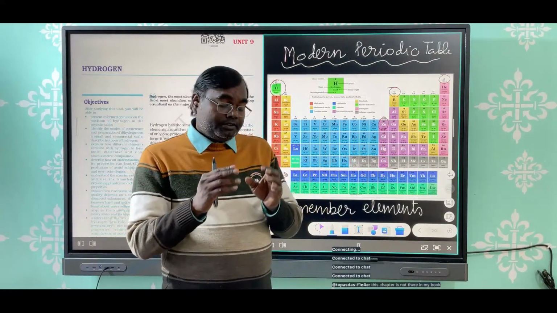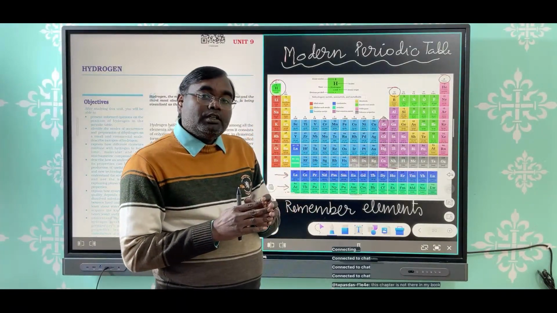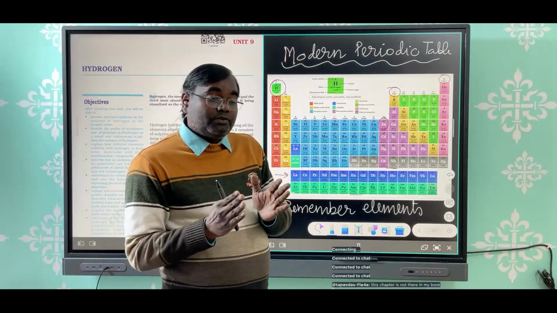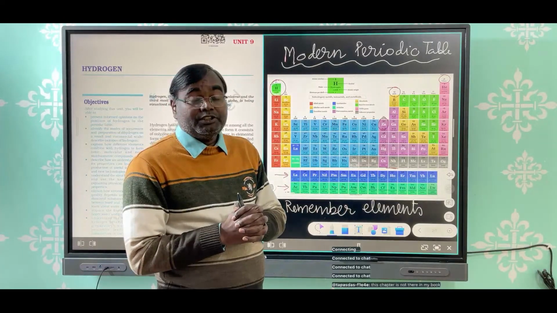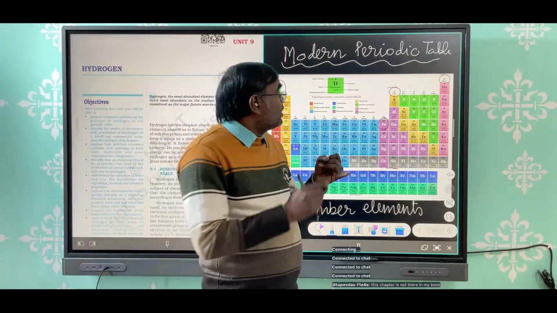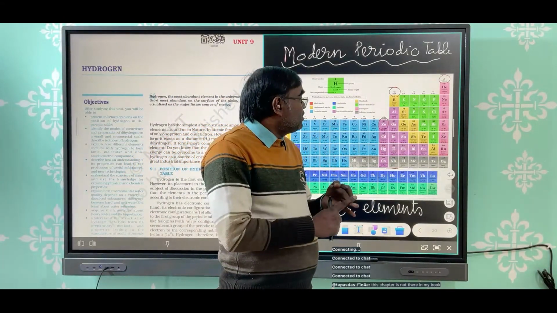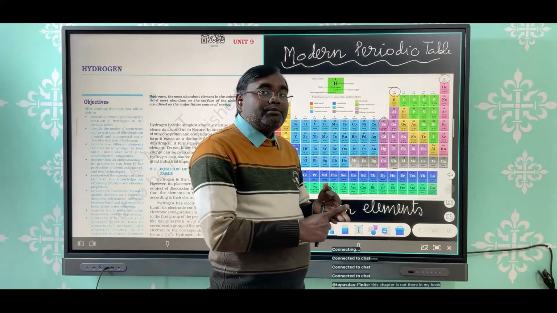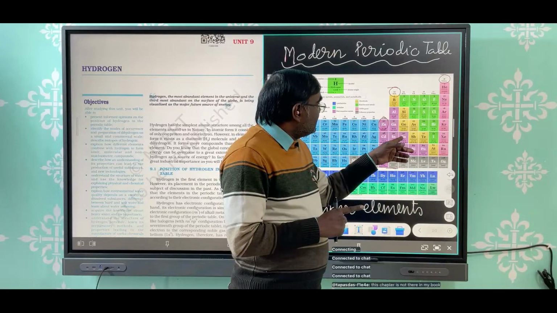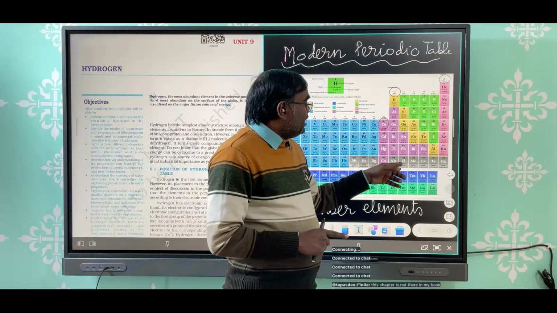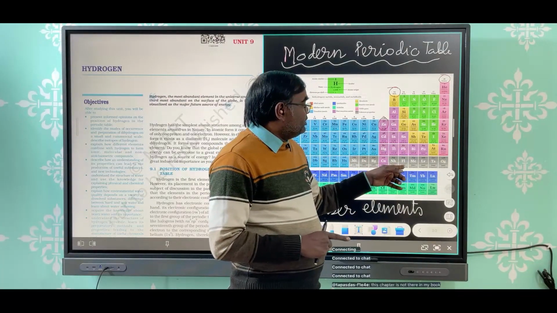Valency 4. These are all the valency 4 and semiconductor elements. So carbon, silicon, germanium, stannum, plumbum, and flerovium.